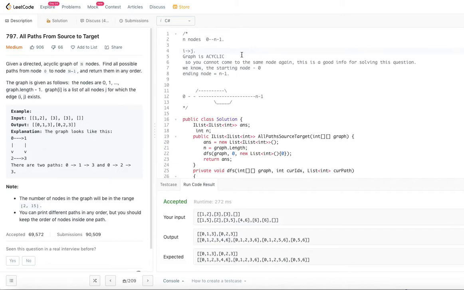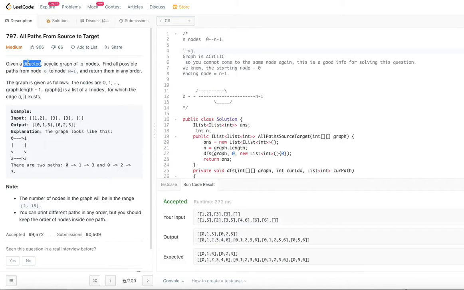In a regular graph, we would think that if there is an edge between node i and node j, you could go from i to j as well as j to i. But in a directed graph, if there is an edge between i and j, the direction is specified. That means you will be able to go from i to j or from j to i, but not both.